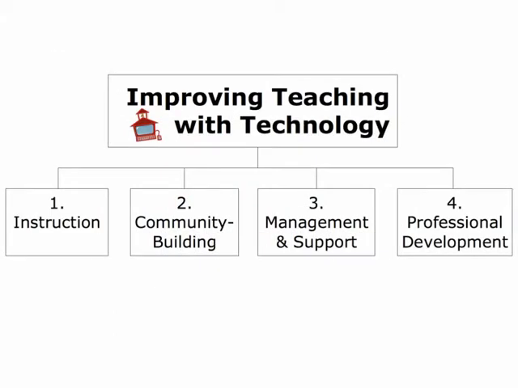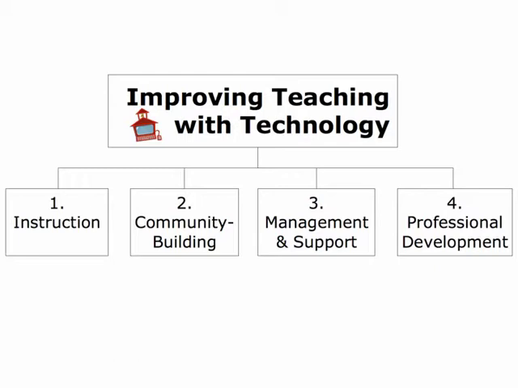And as previously presented in the course, there are 4 specific areas in which the course addresses strategies designed to help teachers improve their practice. One has to do with the use of technology to improve instructional efforts.